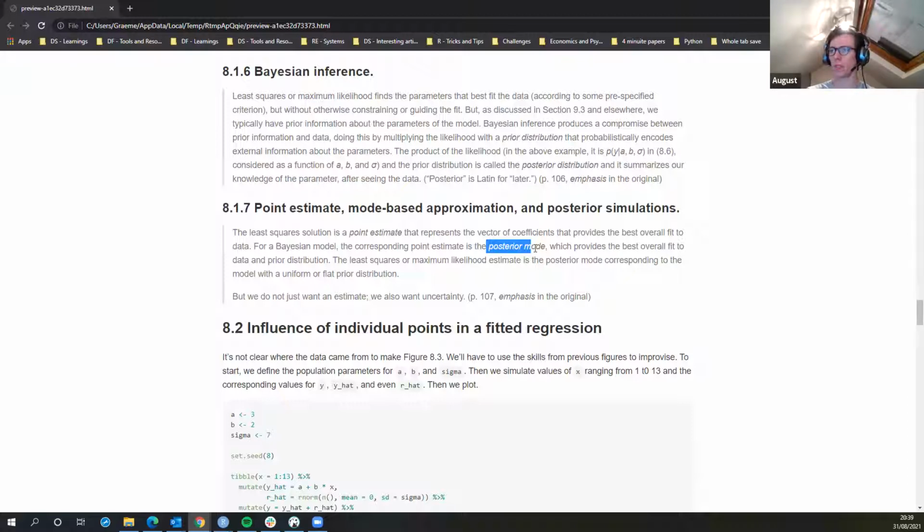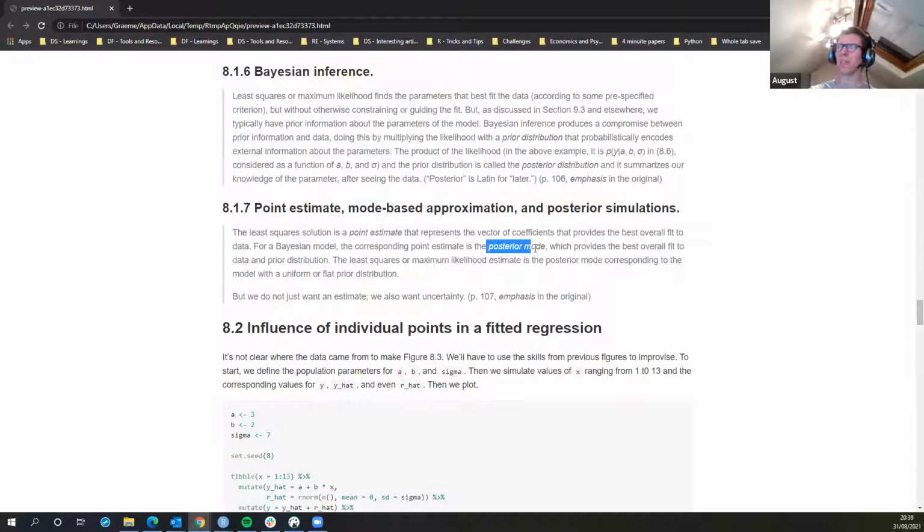So that's basically saying if we're fitting a regression with a Bayesian approach, then it's a posterior mode rather than a point estimate. Suitable fit. But is that the same thing as the regression line?